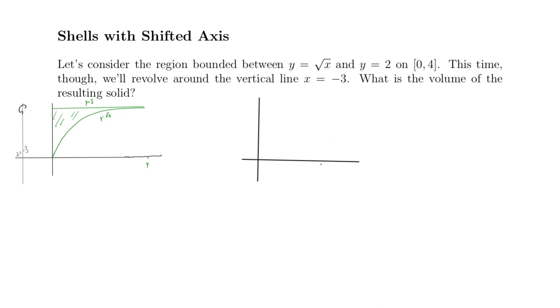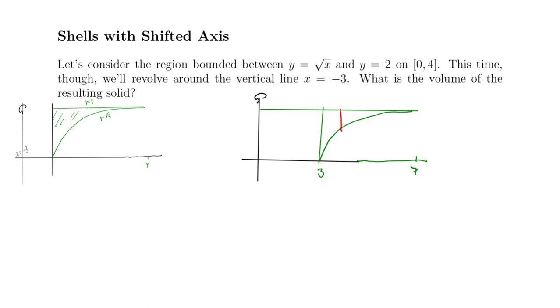I still have this same horizontal line at y equals 2, but now we've got this line here at 3. And notice we go up to 7 now, because remember, we shifted our interval from 0 to 4 up to 3 to 7 by just bumping things over to our axis. So now we can revolve around this one.